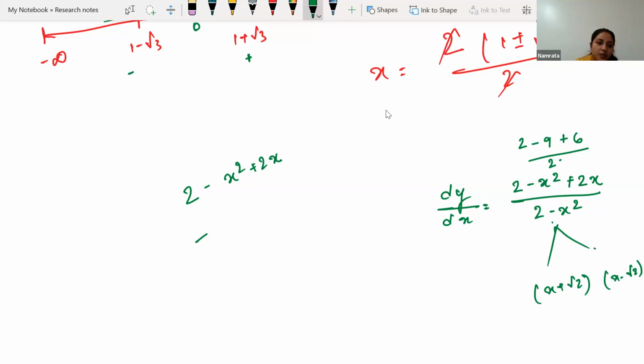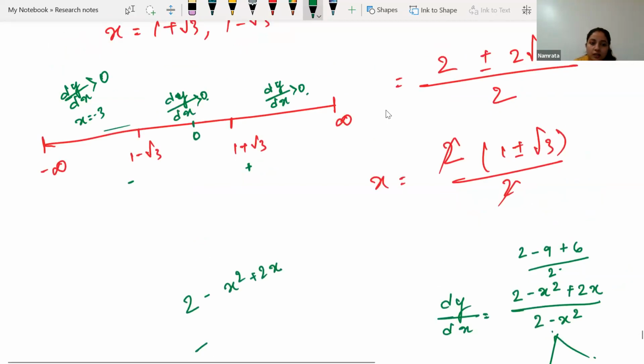The numerator is becoming negative in this range and positive in this range. If we take 4 as a test point, 4 square is 16, 4 times 2 is 8, so 2 minus 16 plus 8. The numerator is becoming positive. No, it's negative in this range.